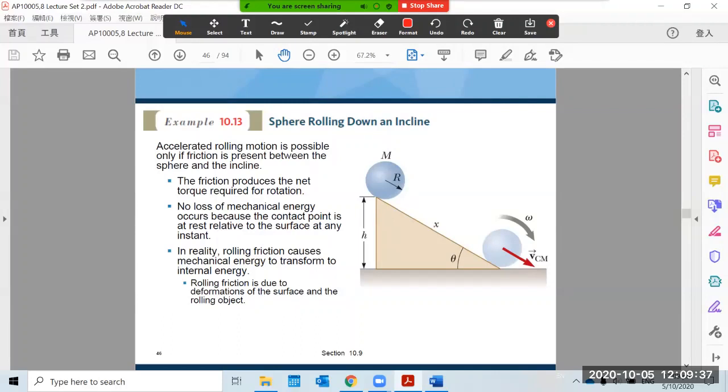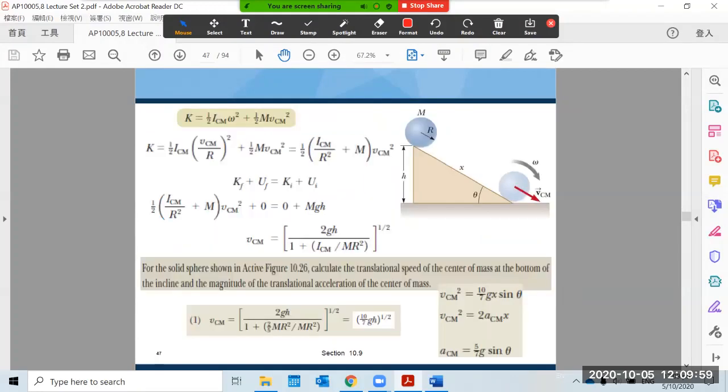And of course, in reality, if you have the ball that is deformed, then there would be relative motion, and this would be the frictional force that would be causing a loss of energy. But if the ball is perfectly spherical and rigid, there should not be any loss in the energy.